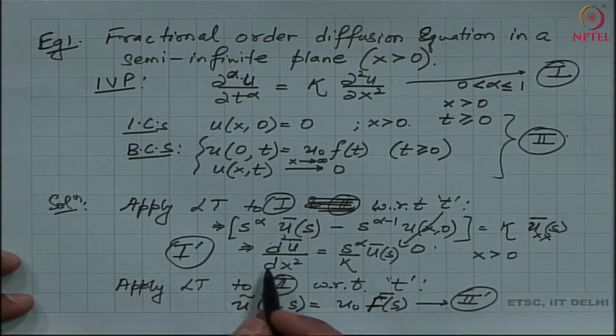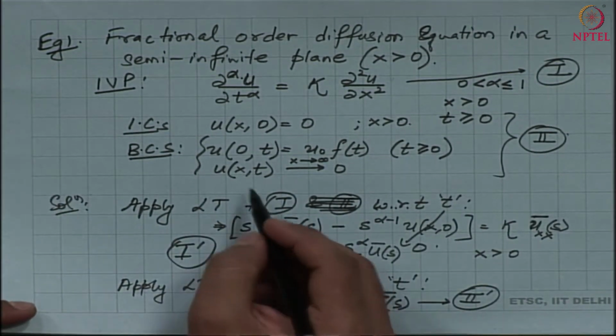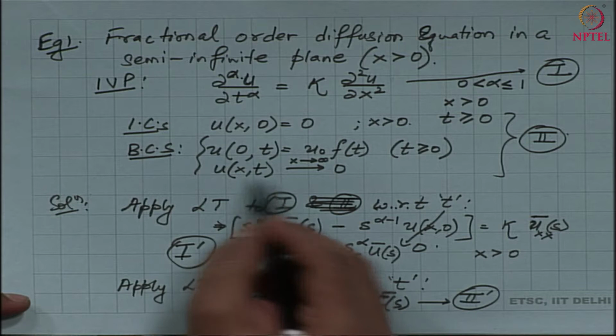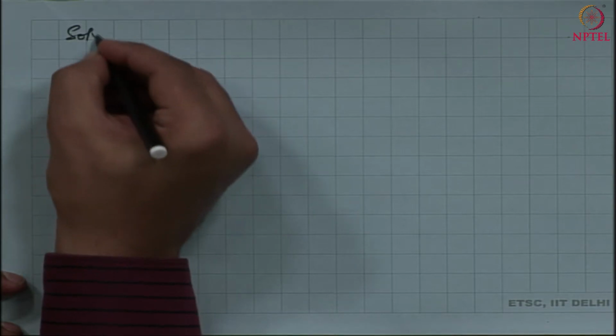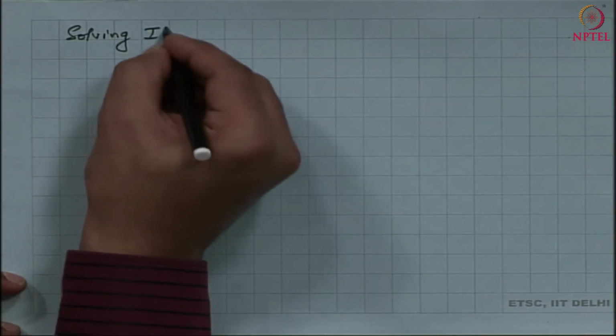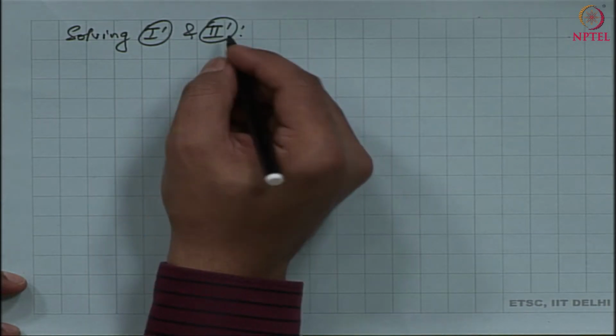So, solving 1 prime and 2 prime, subject to the condition that the solution must be bounded, I get the following solution to the ODE.